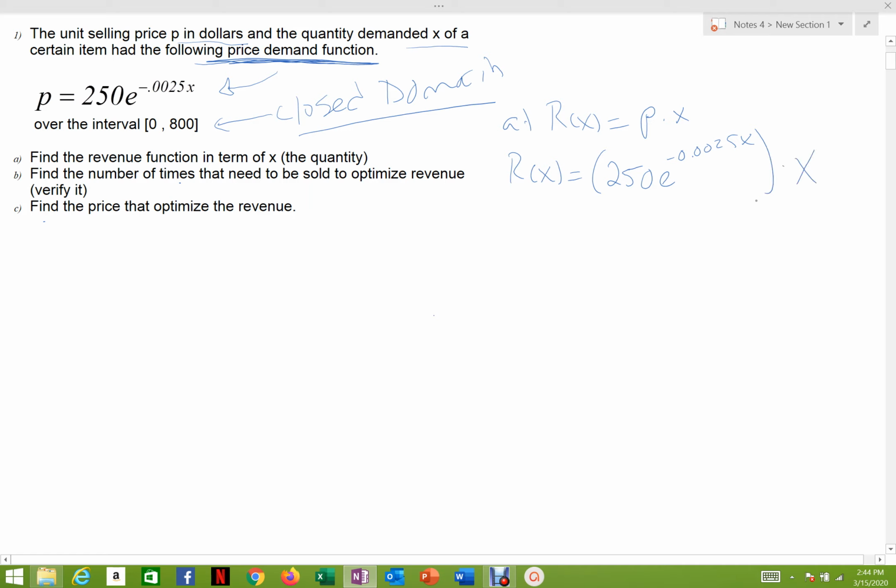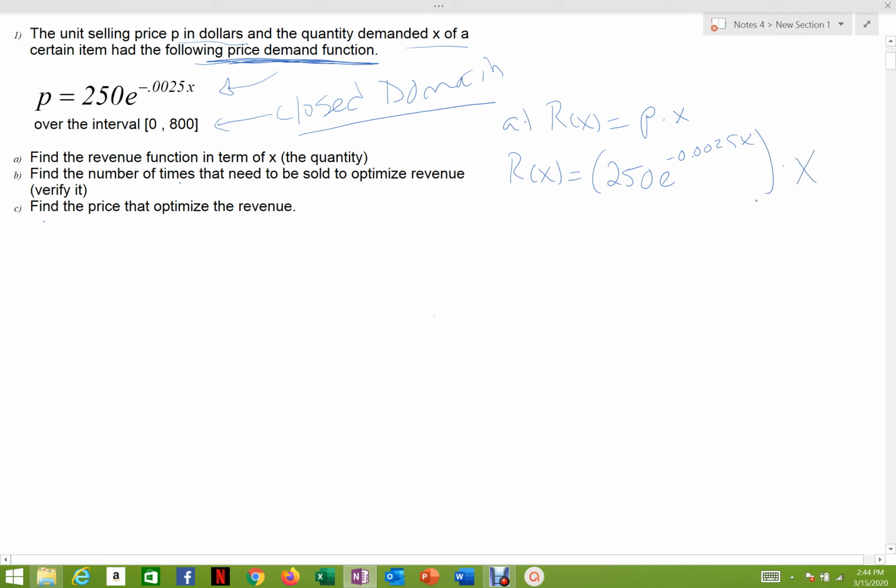I have to find the derivative of my revenue, which is going to require the product rule because I have 250x times e to the negative 0.025x. So multiplication, and then chain rule on my e, because I have something other than x on my e function.